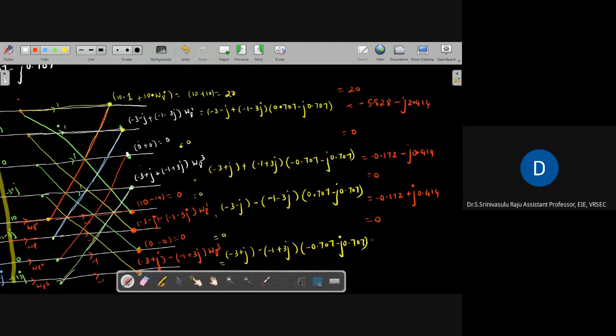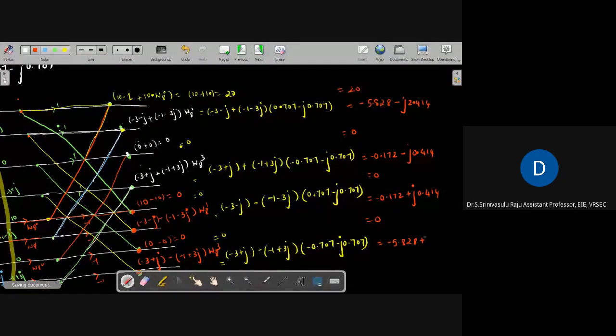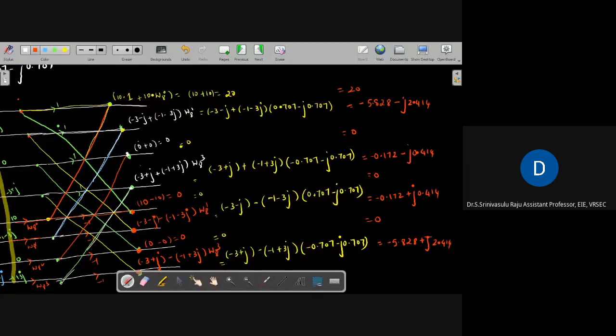Here we have 0, and here we have minus 5.828 plus j 2.414 plus j 2.414. So this is the output sequence of the response.